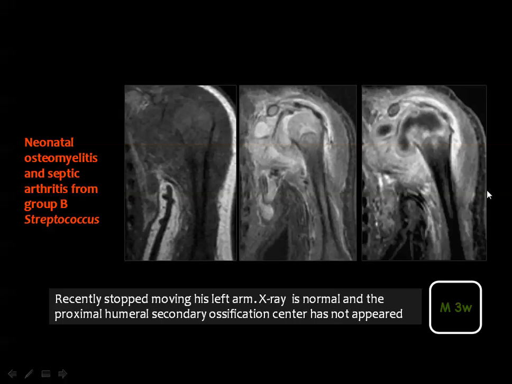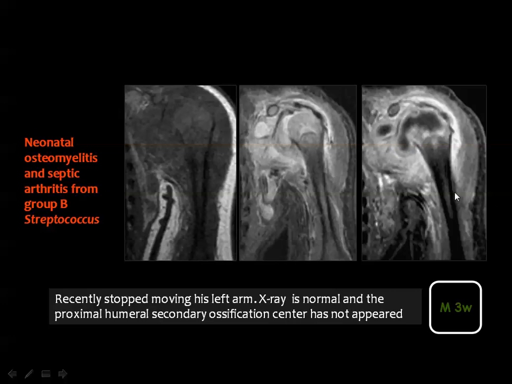After injection of contrast, one of the best clues for infection is the detection of what looks like an abscess. Here you see a fluid collection which is marginally enhanced, and also here you see a collection which is marginally enhanced.